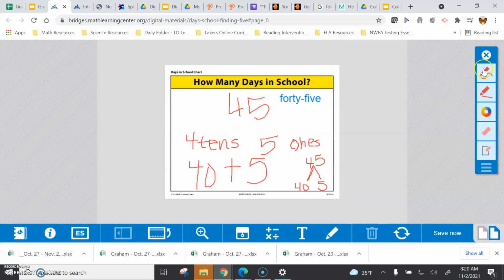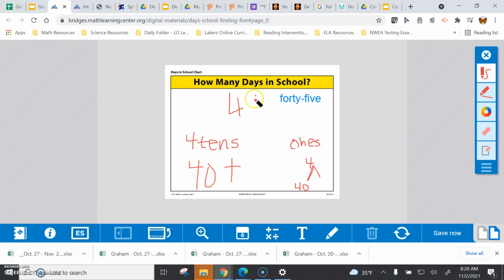Why don't we add our information for the day? We'll make it 46 days that we've been together. So we're going to take off all of this. We will change our number tree because it did change a little bit.